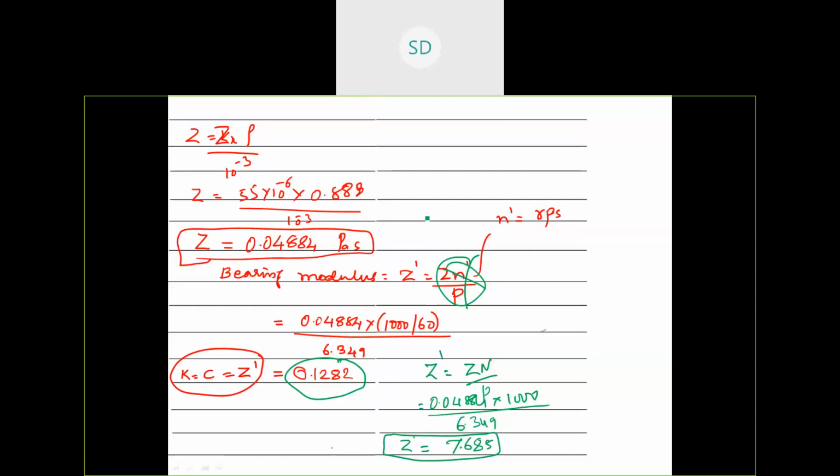So now the calculated value of bearing modulus is greater than the bearing modulus recommended. The recommended is 2.9, but what you got is 7.69.